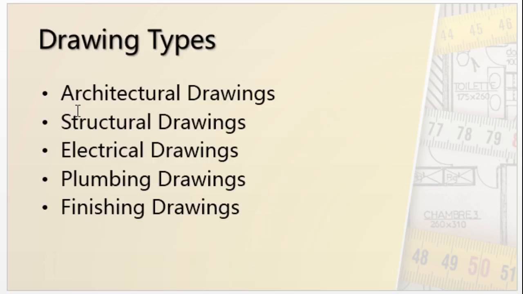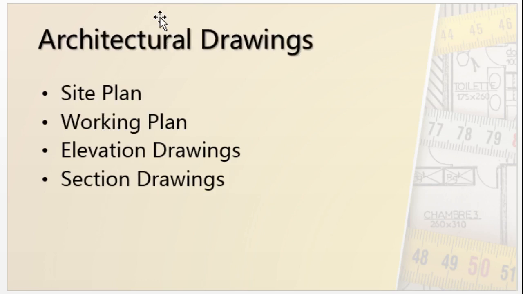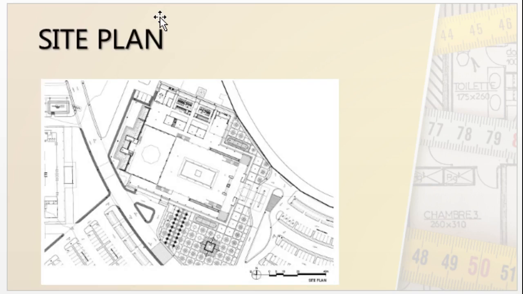Next, we use different types of building drawings. Namely, the drawing types may be architectural drawings, structural drawings, electrical drawings, plumbing drawings, finishing drawings, etc. In architectural drawings we generally use site plan, working plan, elevation drawings and section drawings. To give an example, this is the site plan, the total site plan we use in architectural drawing.